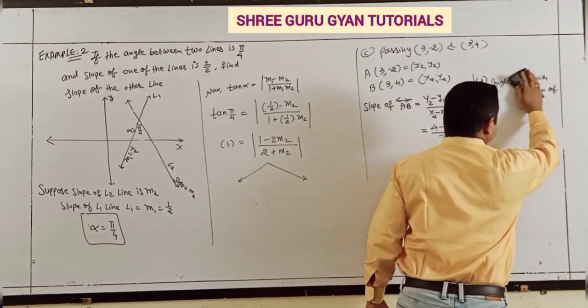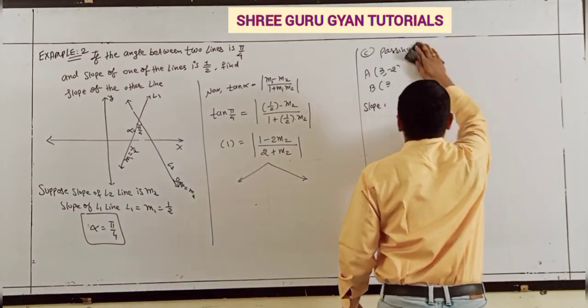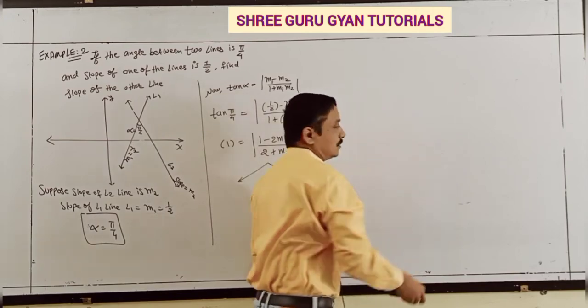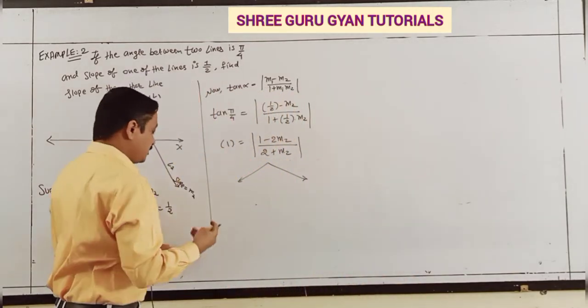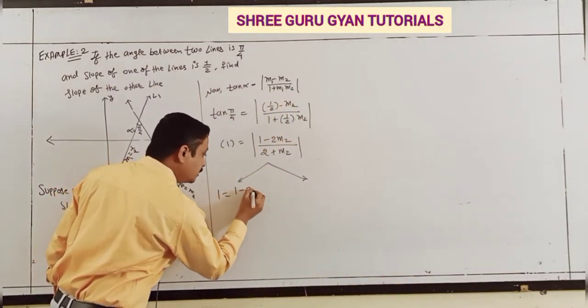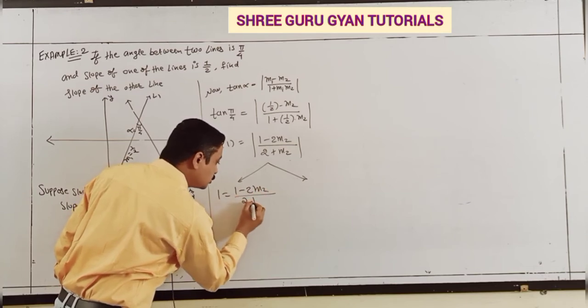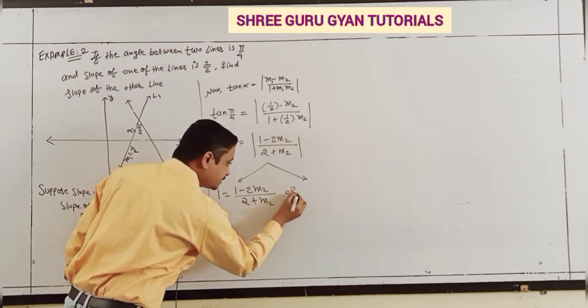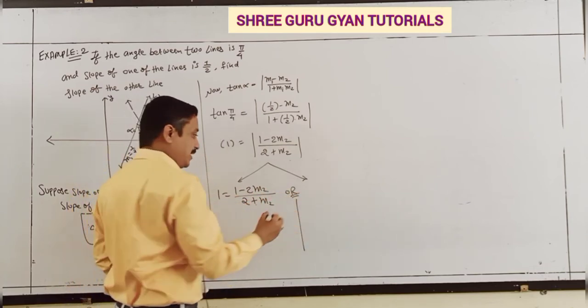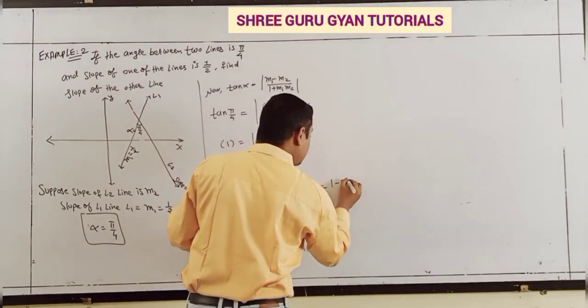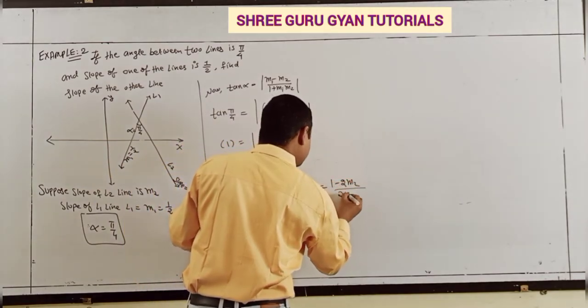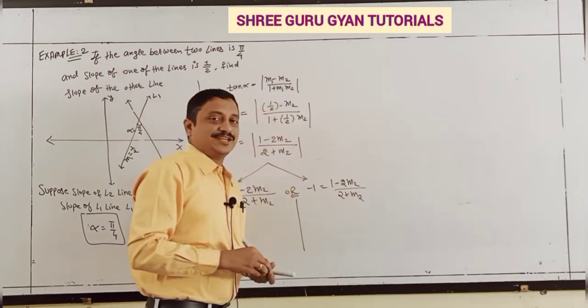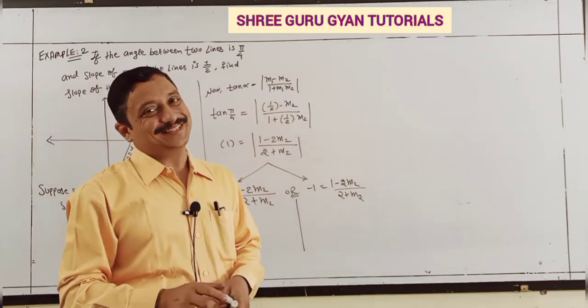Easily you can operate that. So plus 1 equals (1 minus 2 m2) upon (2 plus m2). Otherwise, secondly, minus 1 equals (1 minus 2 m2) upon (2 plus m2), and you can get two different answers.